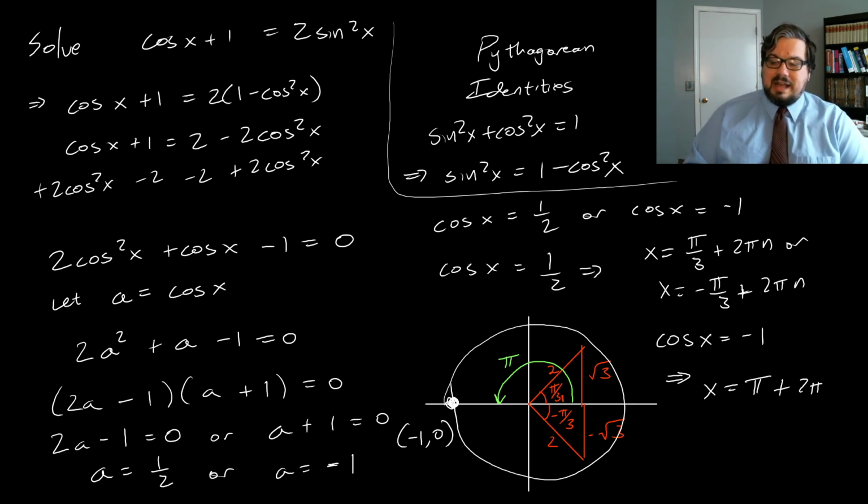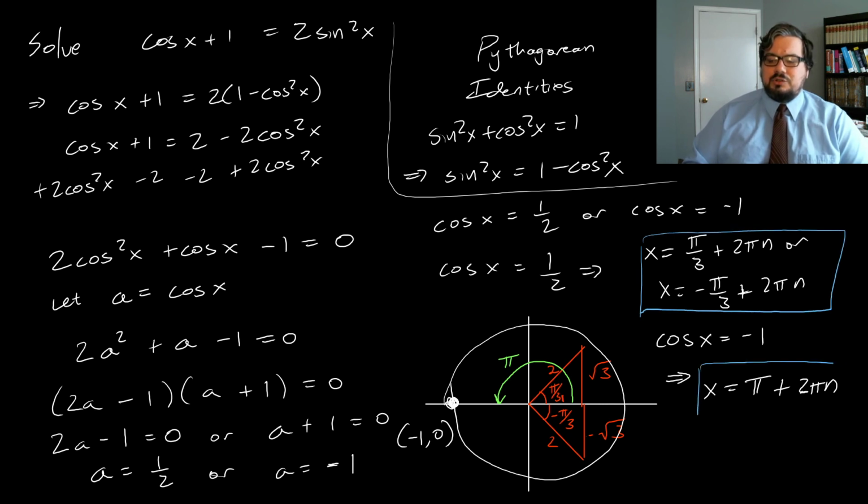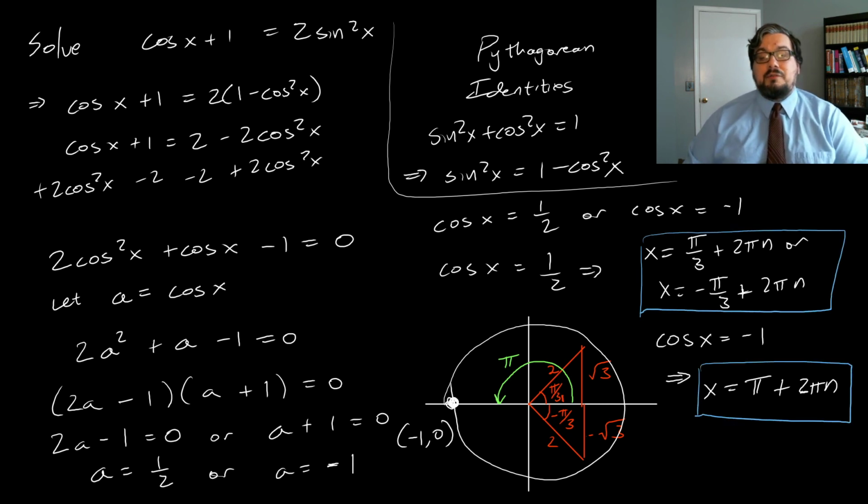We still have to add 2 pi n. So that means that our solution to this equation involves 3 families of solutions: pi over 3 plus 2 pi n, negative pi over 3 plus 2 pi n, and pi plus 2 pi n.